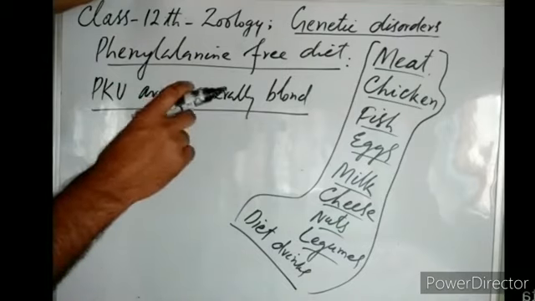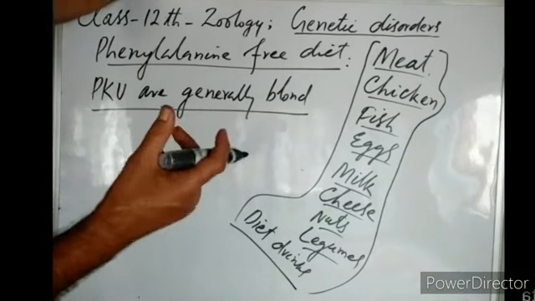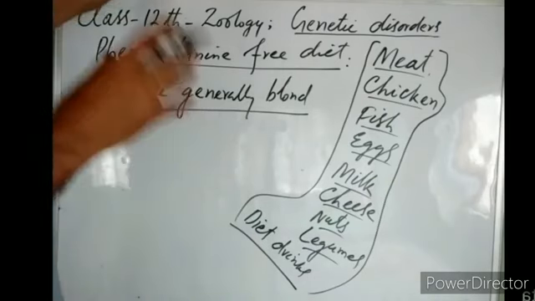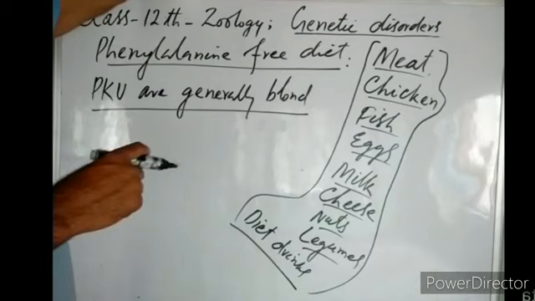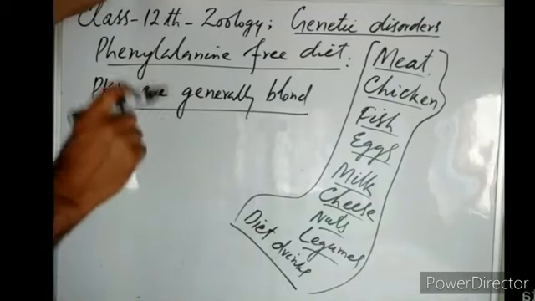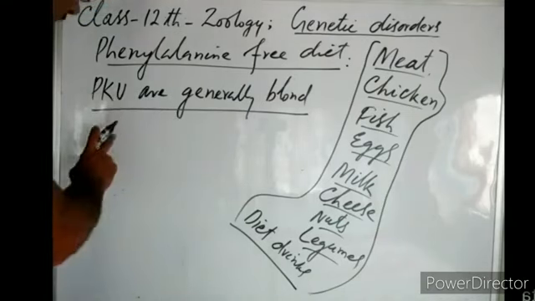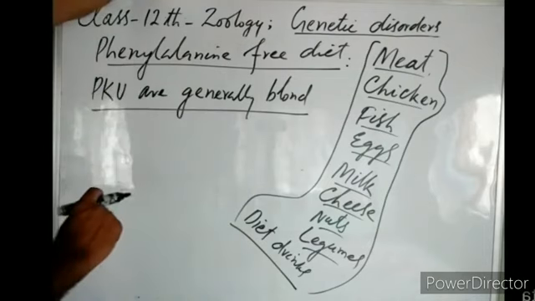Then homogentisic acid is converted into maleylacetoacetate with the help of homogentisate 1,2-dioxygenase enzyme. Then this maleylacetoacetate, in a cascade of reactions, is finally converted into melanin pigment. So when a person does not have phenylalanine hydroxylase enzyme, phenylalanine cannot be converted into tyrosine.